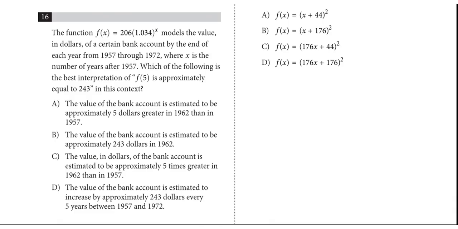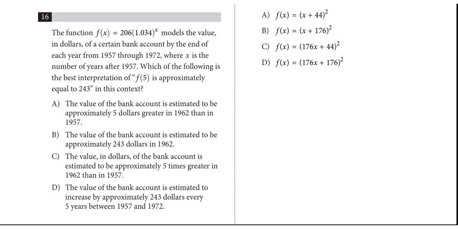The function f of x equals 206 times 1.034 to the power of x models the value in dollars of a certain bank account by the end of each year from 1957 through 1972, where x is the number of years after 1957.